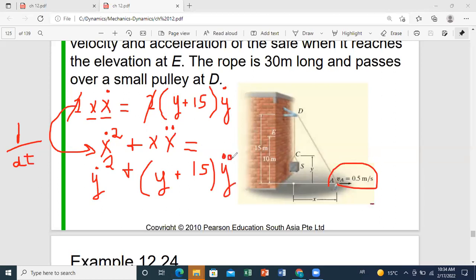Y double dot represents the acceleration of C. Now x double dot represents the acceleration of A.